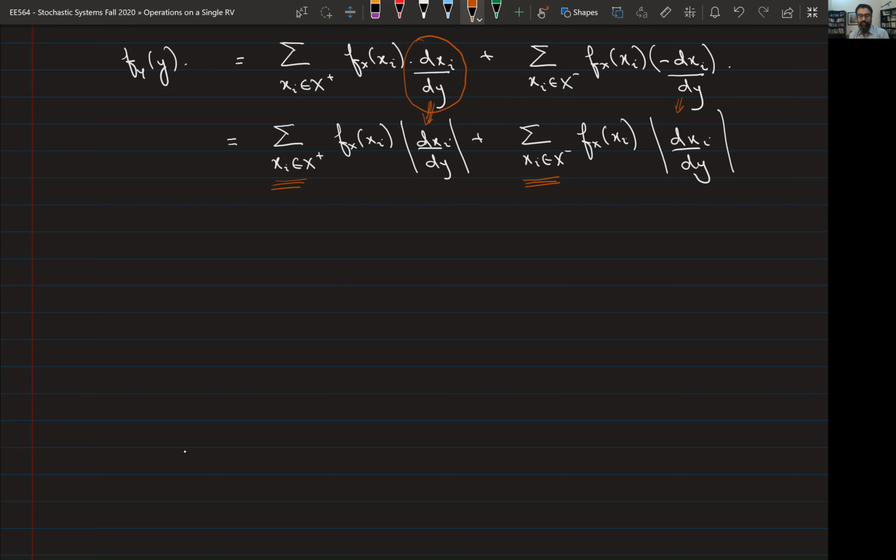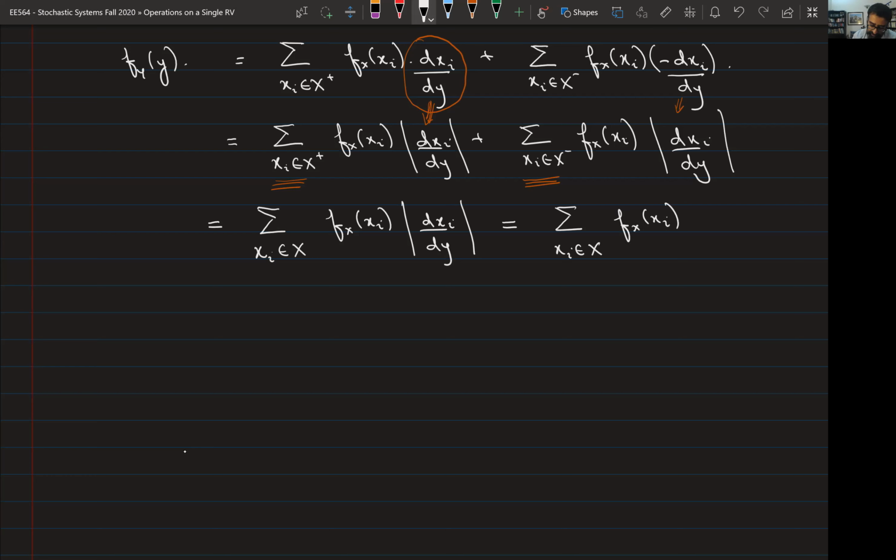Okay? So this allows me to write this in a very nice general form, and say कि this summation is actually over all the roots, right? And this is fX of xi evaluated at, dxi by dy, absolute. And with a little bit more analysis, you can actually show that this is also equal to the sum over xi of fX of xi divided by dy by dxi, right?